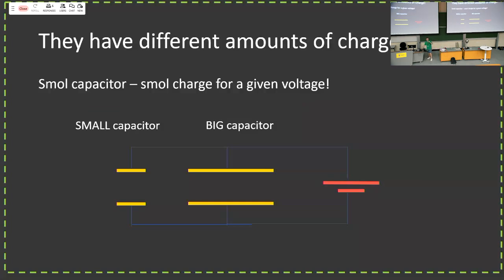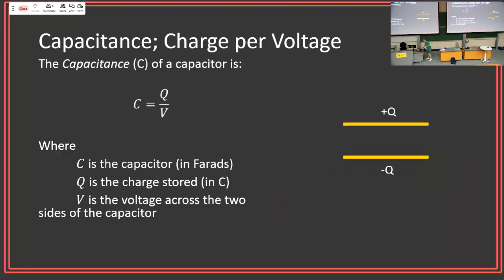Capacitance. Where's the next slide? There. Capacitance. This is what capacitance is. It's charge per voltage. Because when you connect two capacitors to a battery, they will always have the same voltage, so voltage isn't the item we need to be concerned with.